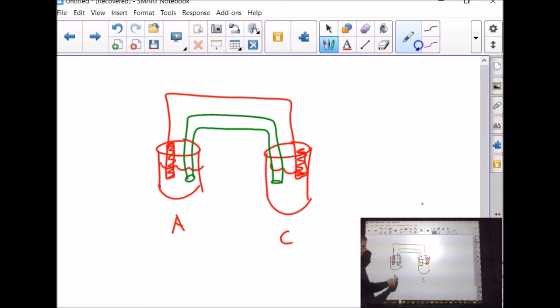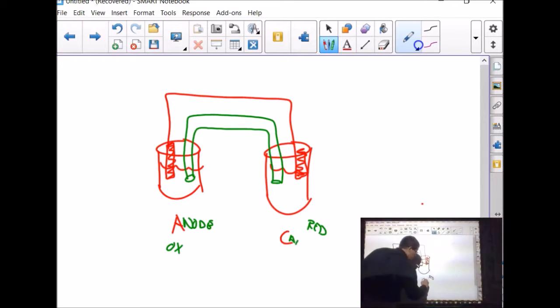So what's going to happen is, if we said that this is a site of oxidation and this is a site of reduction, what did I say in the video about An Ox Red Cat? How's an easy way to remember that? That the vowels stay together, the consonants stay together, so you have your anode here and your cathode here.